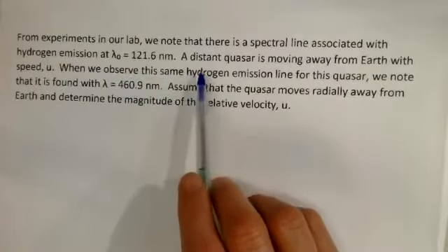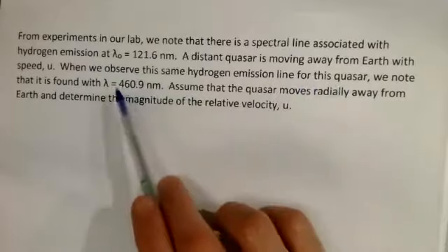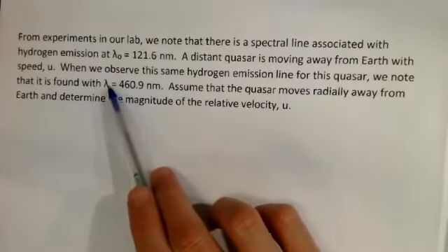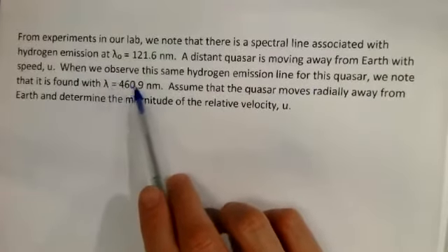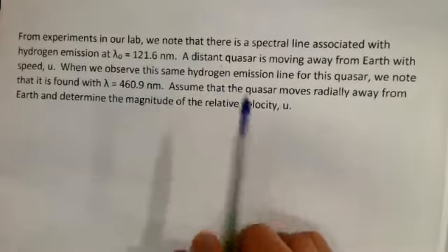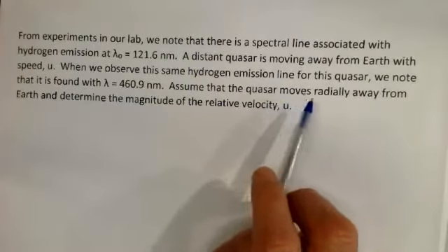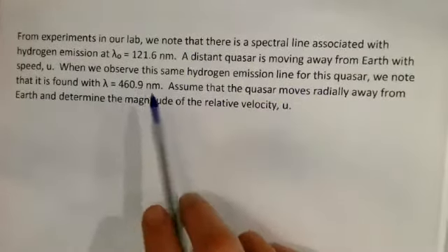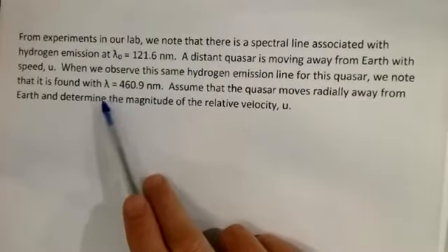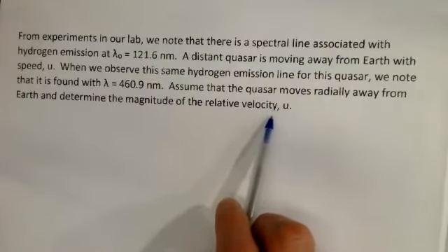When we observe the same hydrogen emission line from this quasar, what we find is that we see a wavelength of that emission line at 460.9 nanometers instead of 121.6 nanometers. If we assume that the quasar is moving radially away from us, let's then use that information to determine the magnitude of this relative velocity u.